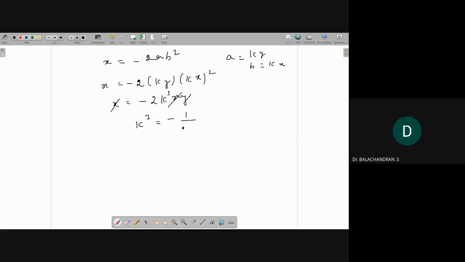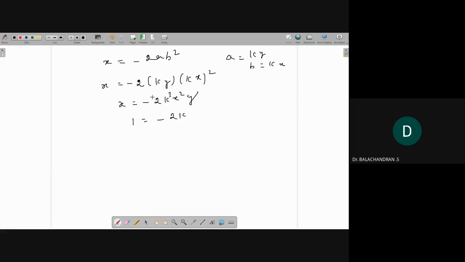So x is equal to minus 2k cube x square y. So if you cancel x and x, you get 1 equal to minus 2k into k square, k cube.